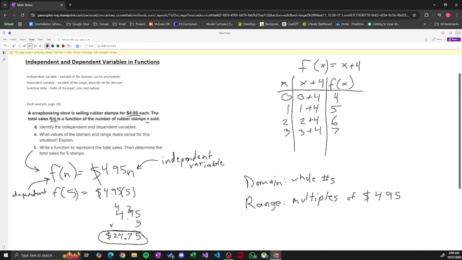So if we buy one stamp, it'll be $4.95. If we buy two stamps, it'll be $9 and some change. So multiples of $4.95. So as the whole numbers change for the domain, the range will be multiples of $4.95. It's not going to be any numbers in between. It's just going to be multiples of $4.95.